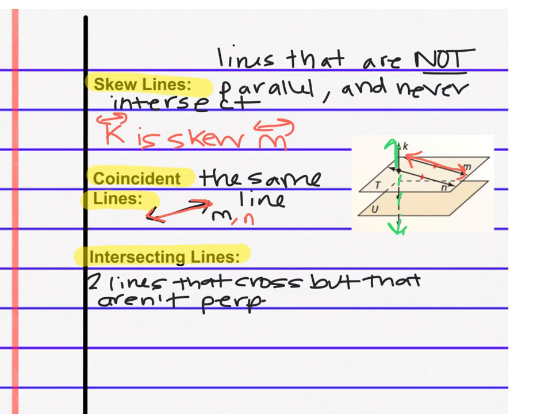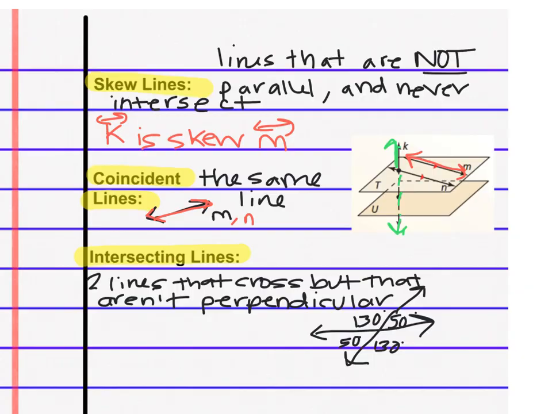I'll draw you a little picture so you can see what I mean. So maybe something like this, where we have 130 degrees and 50 degrees. So they're definitely not perpendicular right angles, but they are intersecting. They're not parallel. So pause the video if you need any more time for that.